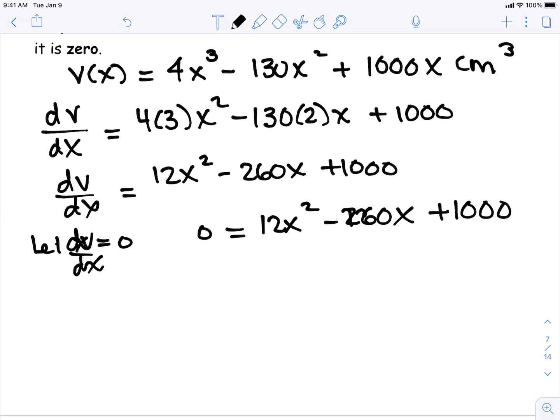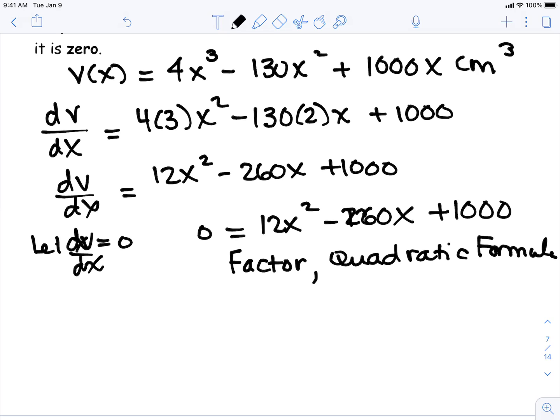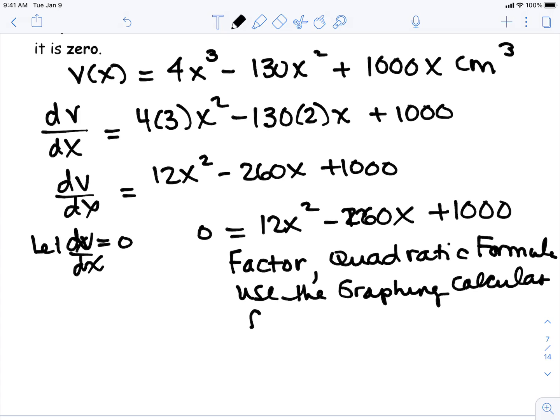We could factor, use the quadratic formula, or use the graphing calculator to find those zeros. And that's what we're going to do.